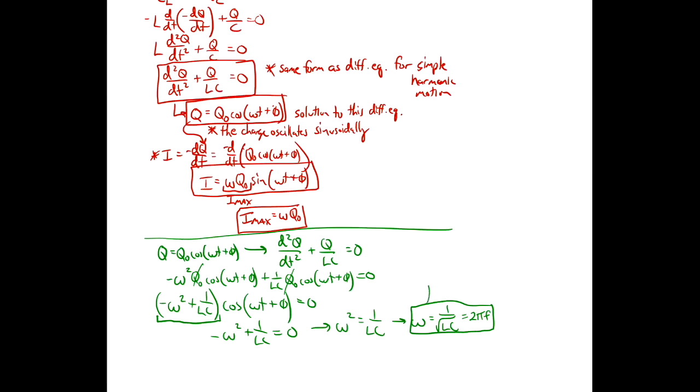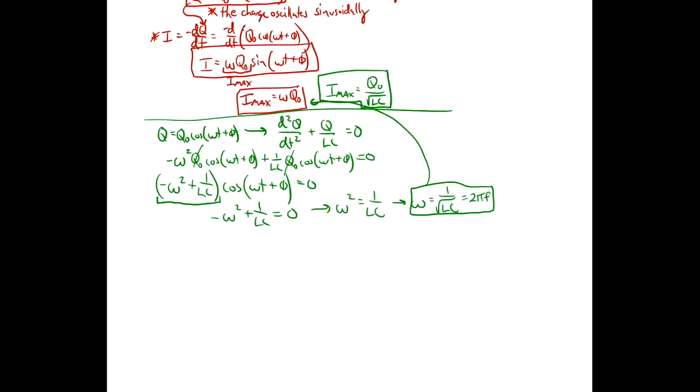Once we have this, I can take it back up here and rewrite I max one other way. So we could say that this is Q naught over the square root of LC to get it in terms of things that are actually in the circuit. Questions? Thoughts? Complaints?